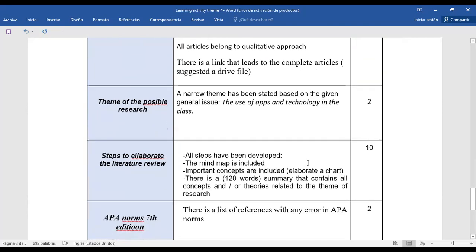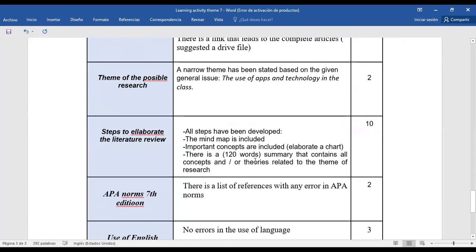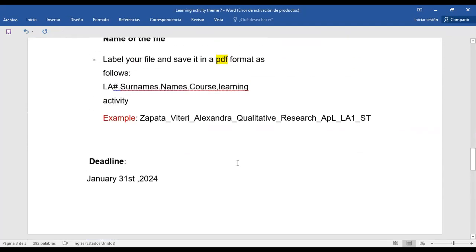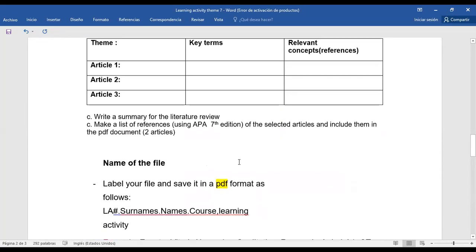A 120 word summary that contains all the concepts or theories related to the theme. You can find more concepts, what are the contributions that each article gives, is stated there.